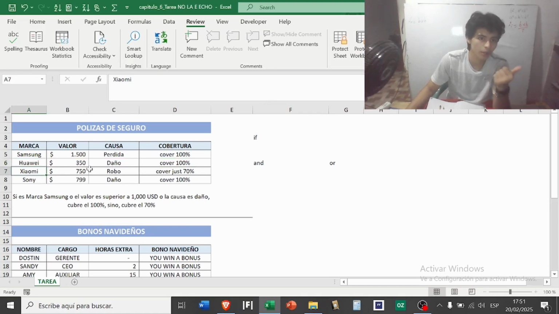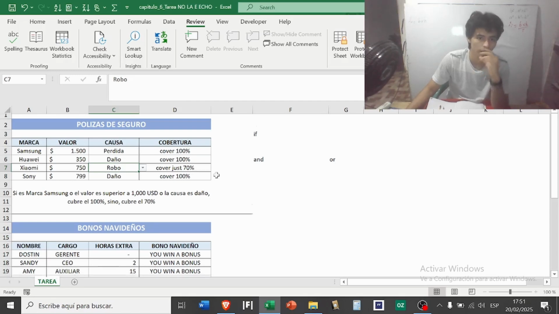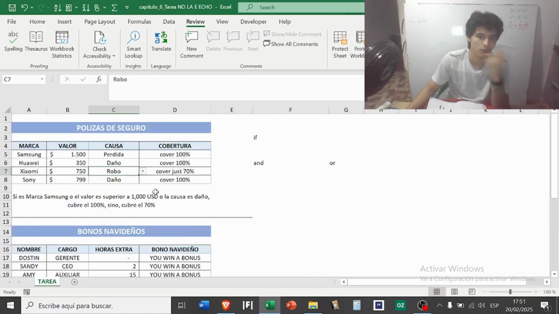It's a Xiaomi. It's less than $100, and it's a robbery. So you just have 70% of the cover. You have to qualify for one of the three reasons: the brand, the cost, and the cause.